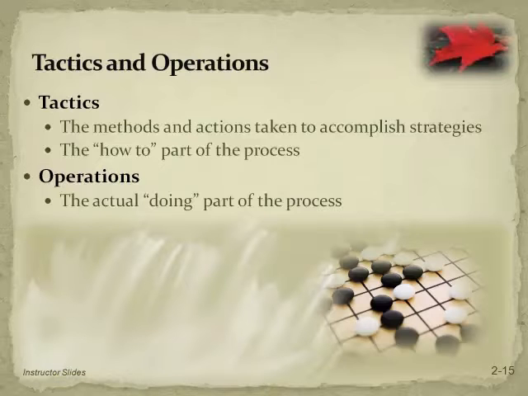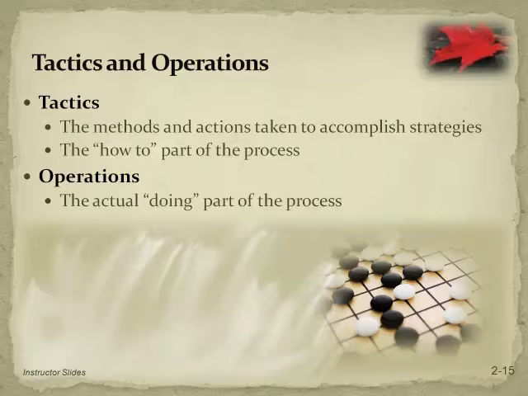Now, for each strategy, there will be tactics. So the tactics are the short-term actions that are necessary for a particular functional group to carry out in order to meet their overall strategy.